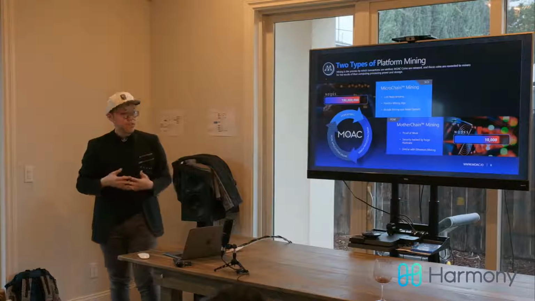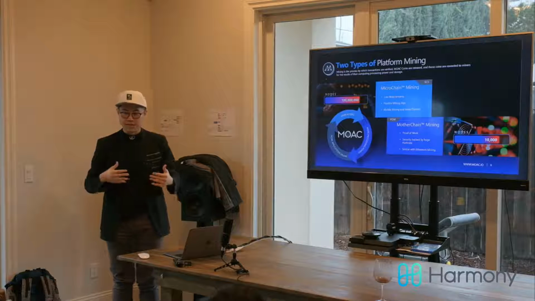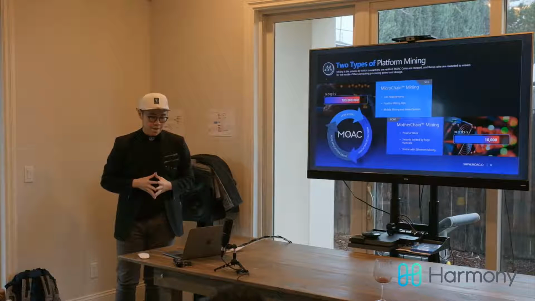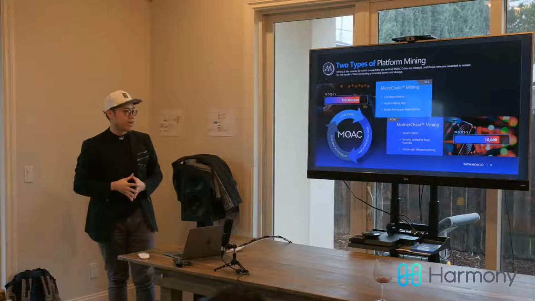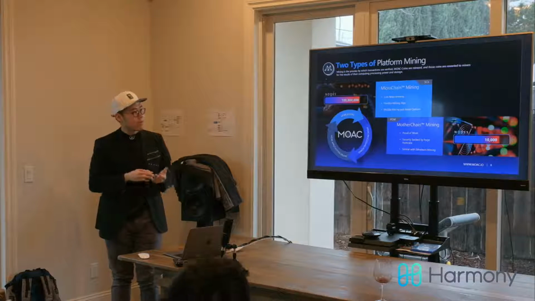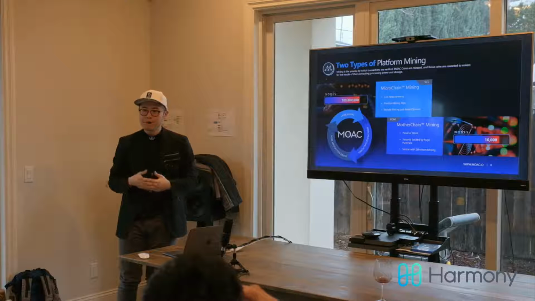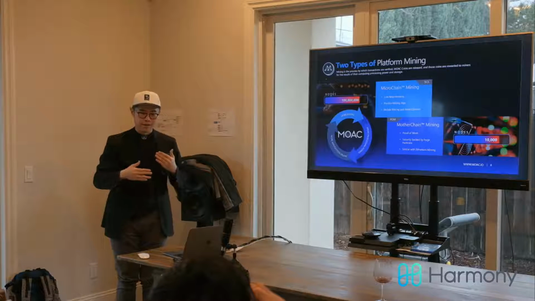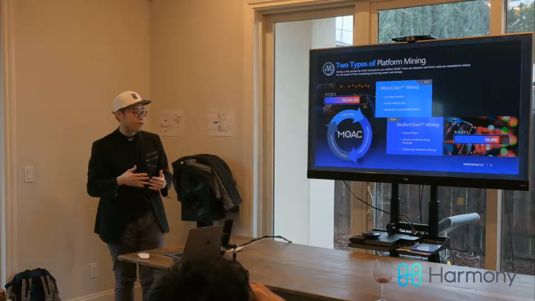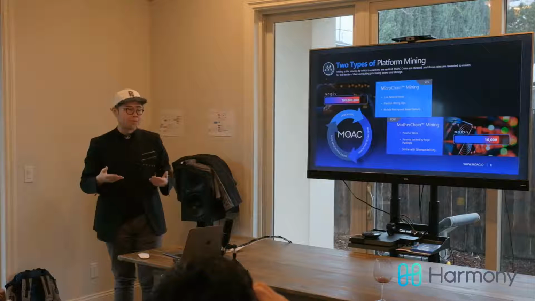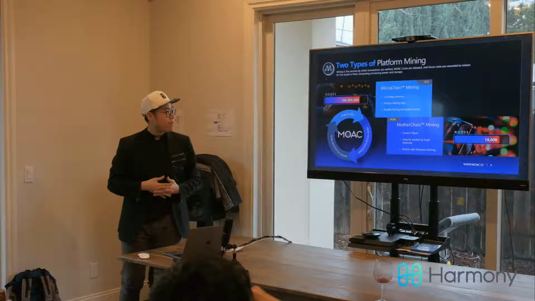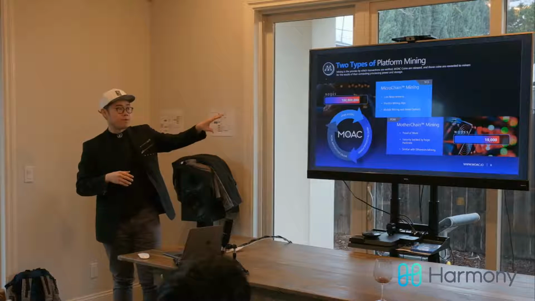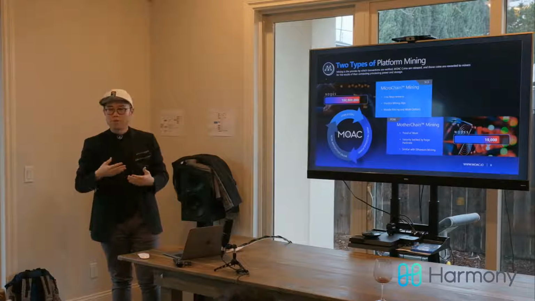And the other innovation that we came up with in this architecture is on the mining part. We set up mining as two layers of mining. On the bottom level, since it's running POW, it's very traditional style POW mining, just like how we mine Bitcoin or Ethereum. But on the upper layer, on the macro chain layer, we have a different type of mining.